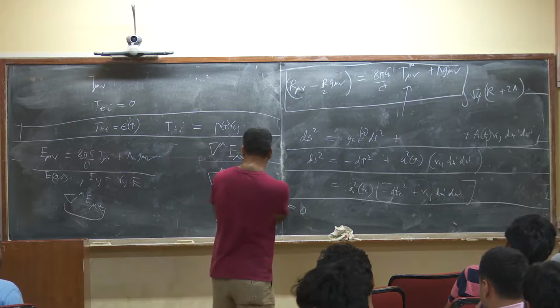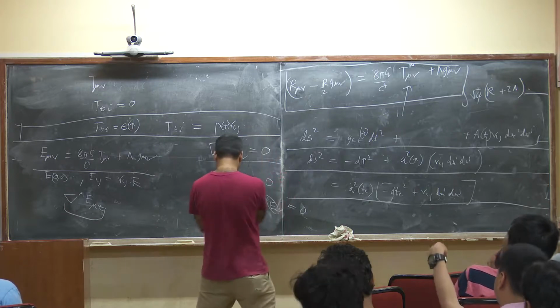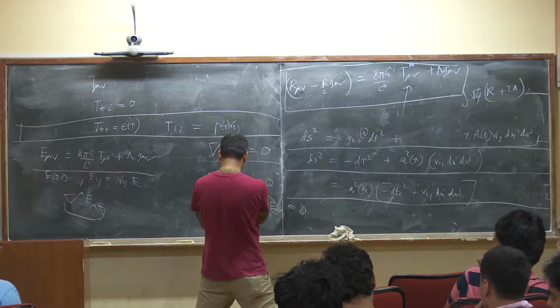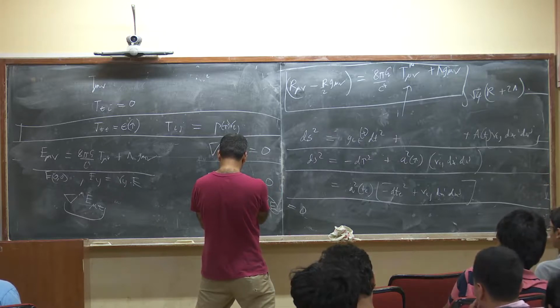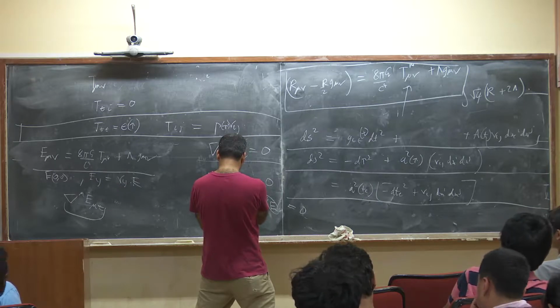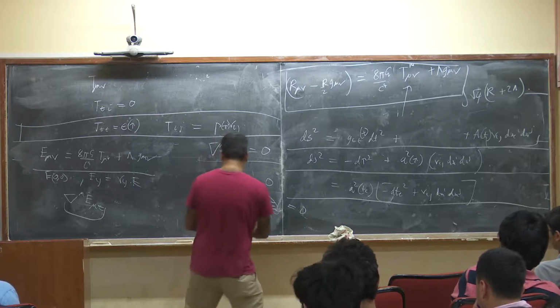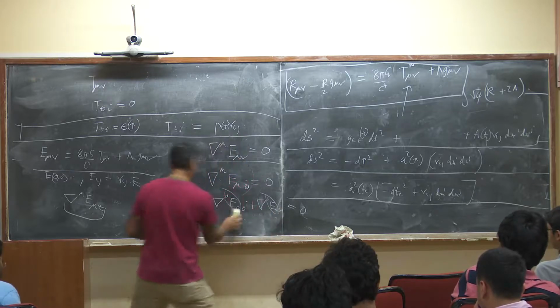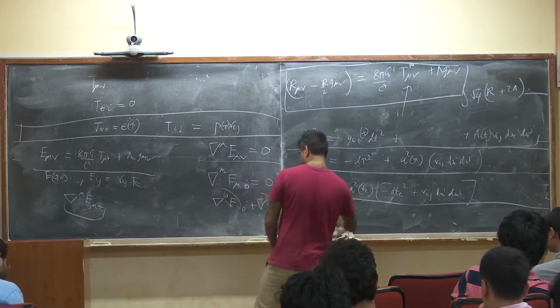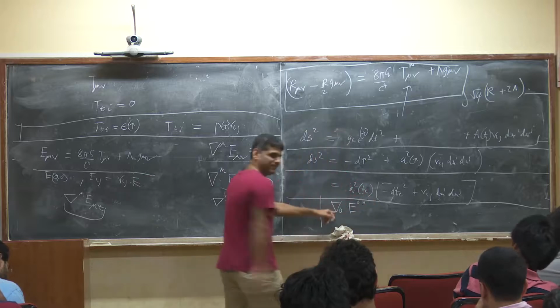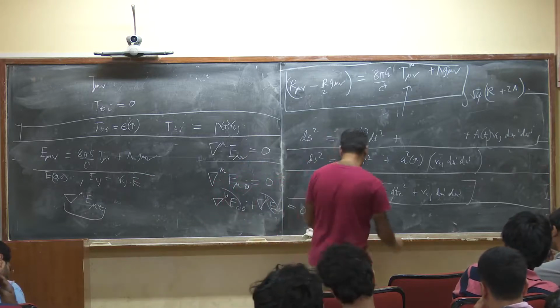Raise the index of the covariant derivative. So gamma should be dotted with a G. Let's write it with lower and upper indices.